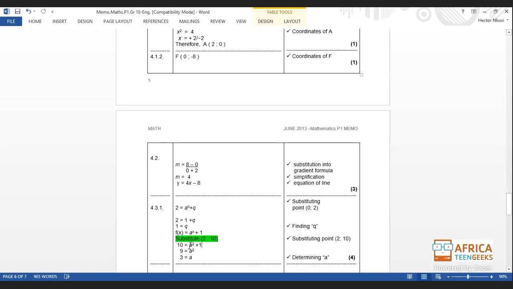So 10 is equal to a squared plus 1. When you transpose 1 to the other side, it becomes 9, because 10 minus 1 is 9, and 9 is equal to a squared. Therefore, you must take the square root of both sides. Therefore, a is equal to 3.